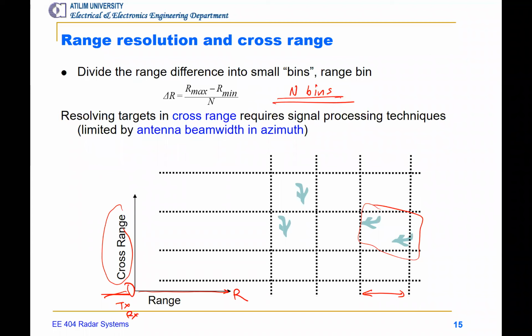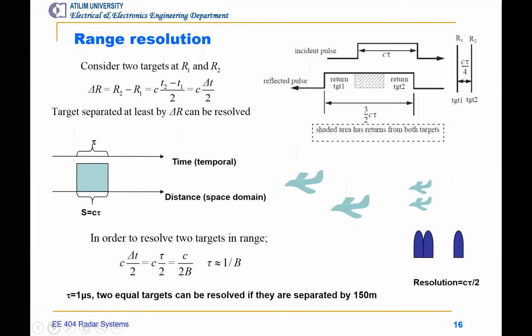This beam is proportional to the range resolution, and the next slide will define range resolution. Of course, the smaller the resolution number, the better the performance of distinguishing two targets closing to each other.